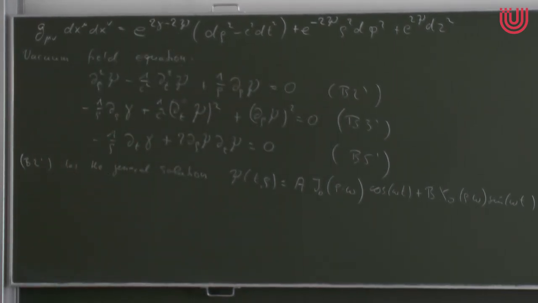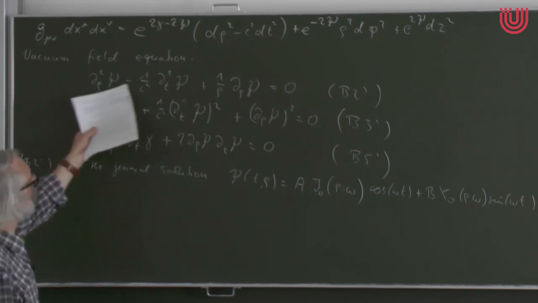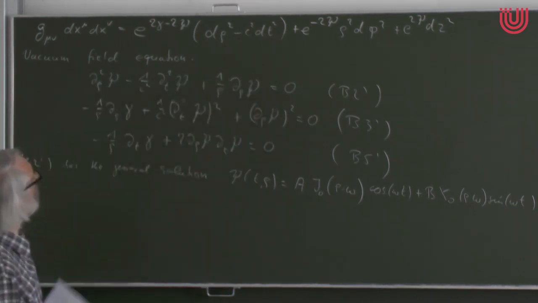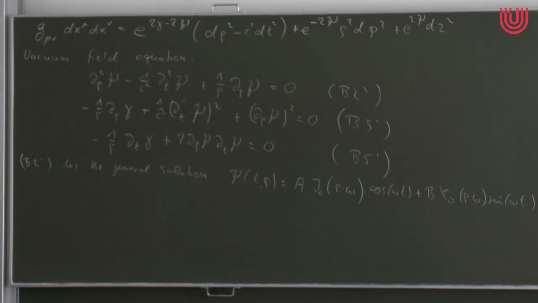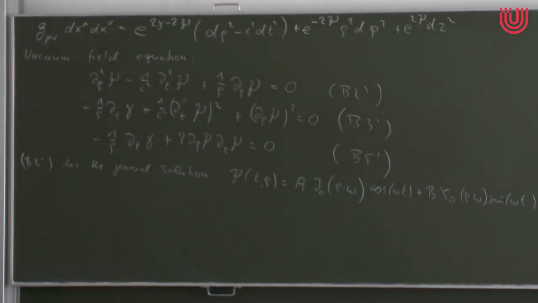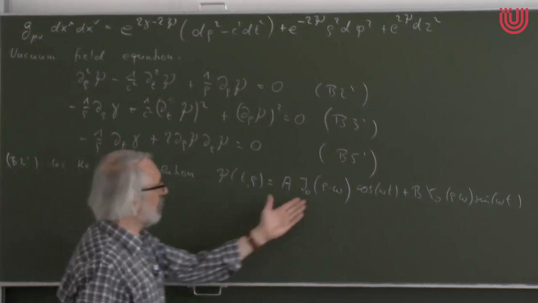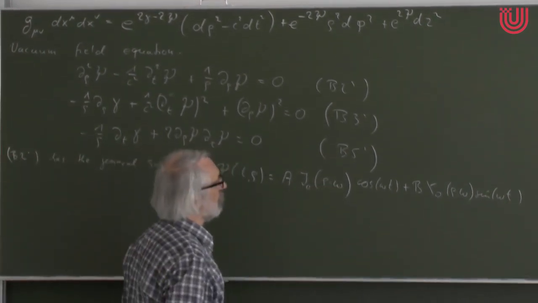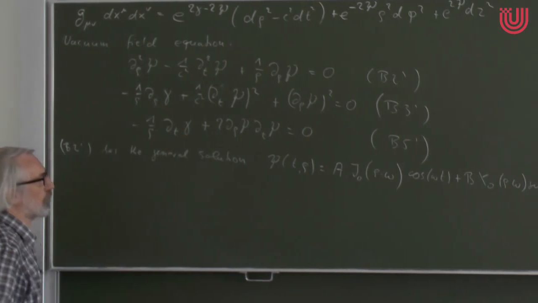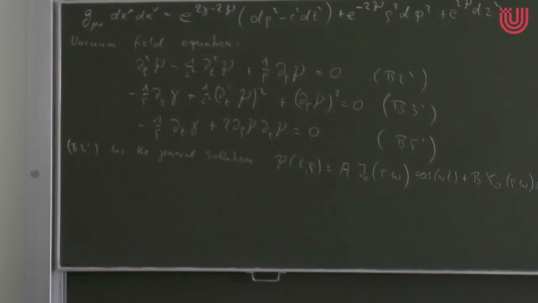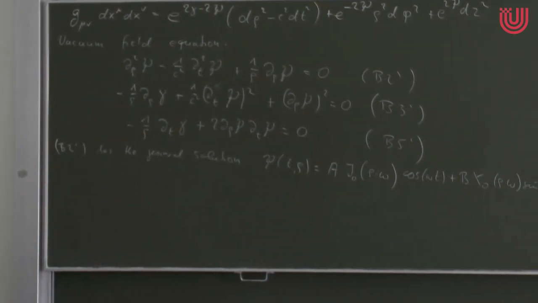But what we have to solve, this differential equation, is a linear differential equation. So we can form superpositions of solutions, if you like to do so, with any different real omega. We want to have oscillating solutions. That's the reason why we consider only real omegas.